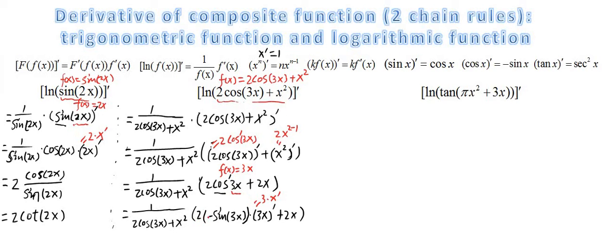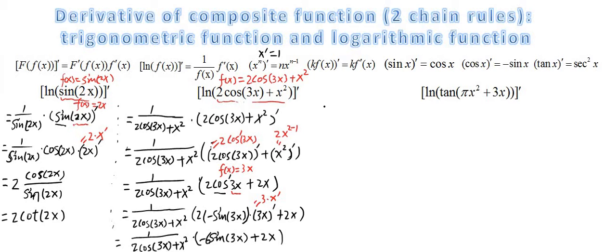Here's a negative, negative 6. So we have 1 over 2 cosine 3x plus x squared times negative 6 sine 3x plus 2x. Okay, so that's the answer.